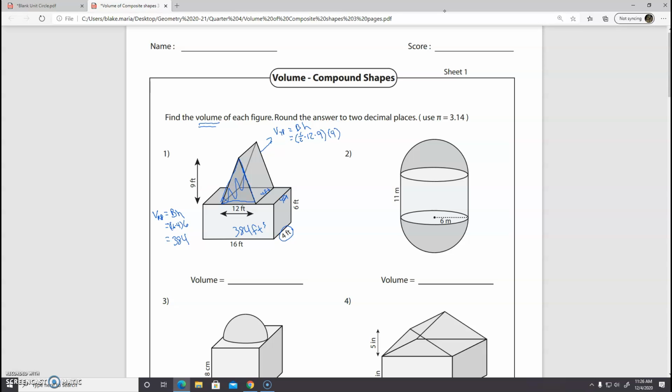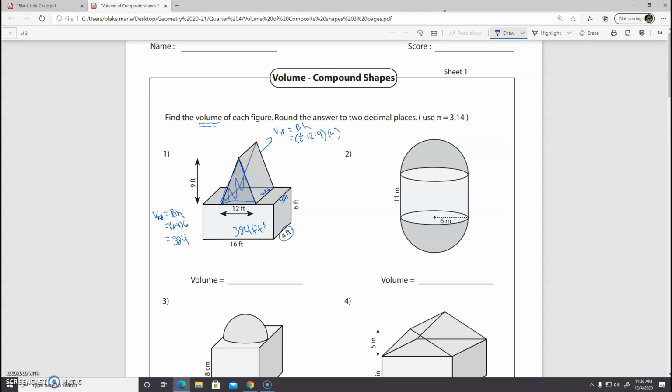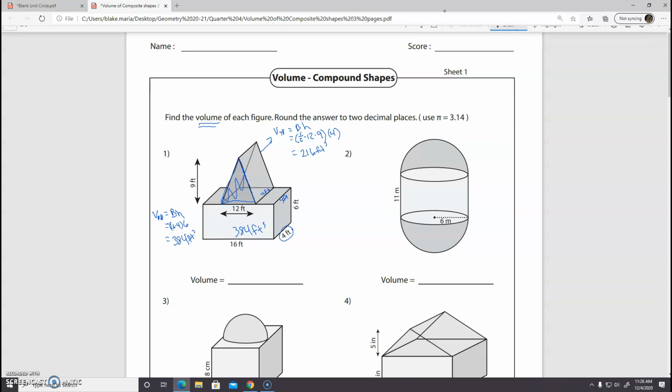So 4 feet. What do we got? Half of 12 is 6. 6 times 9 is 54. Times 4 gets me 216 feet cubed. Yeah, this one's feet cubed as well, sorry.